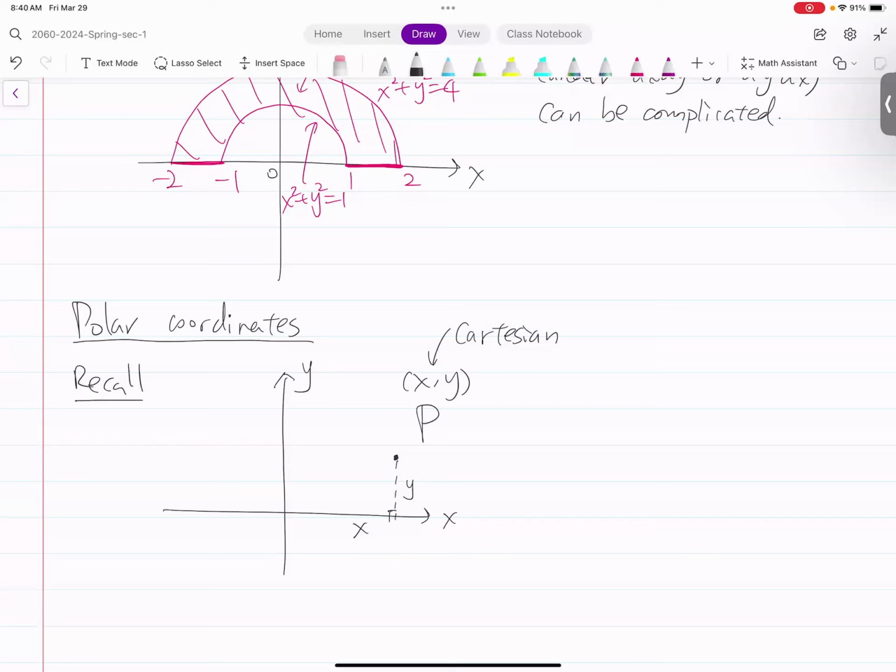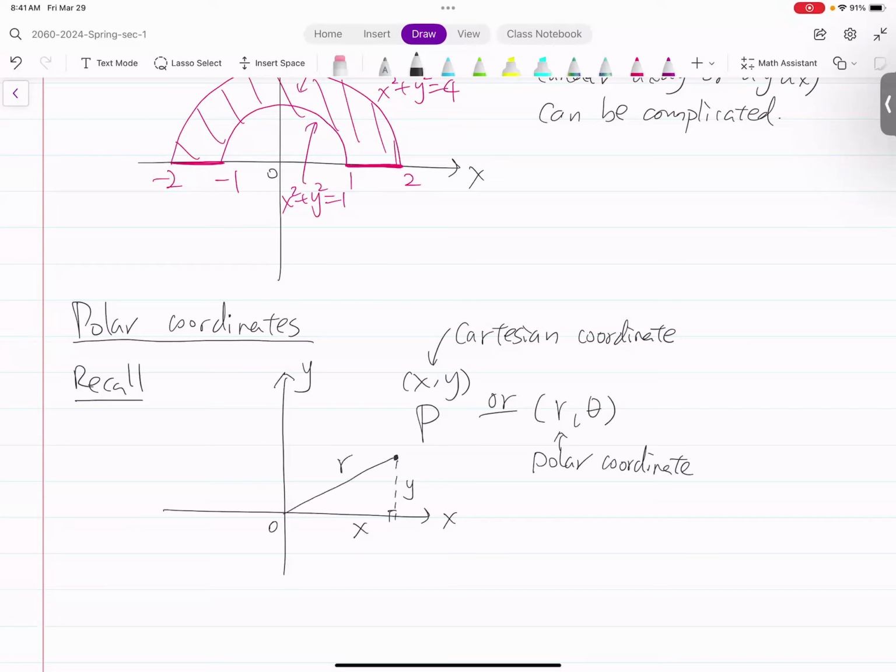But if you want to write the r theta polar coordinates, then r is the distance from the origin to the point.